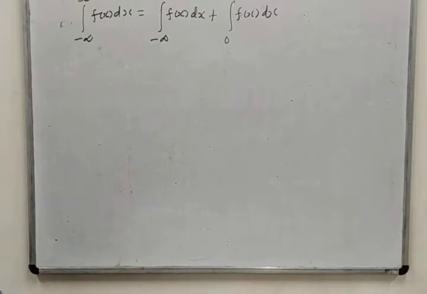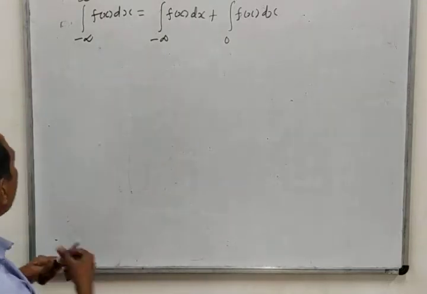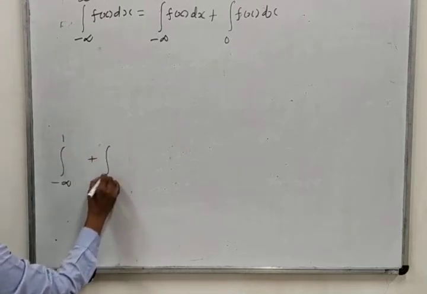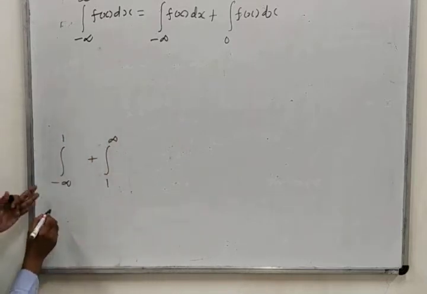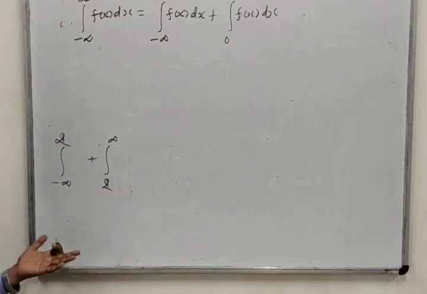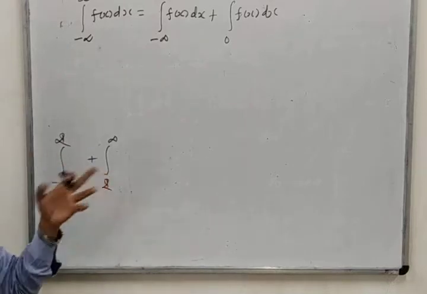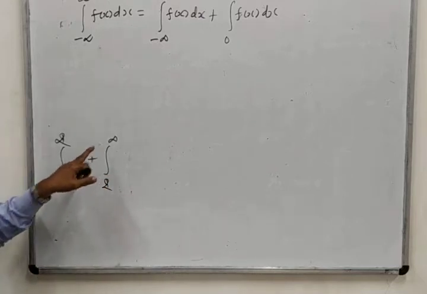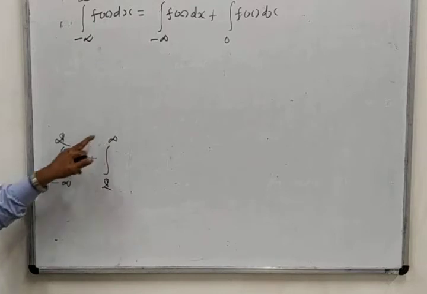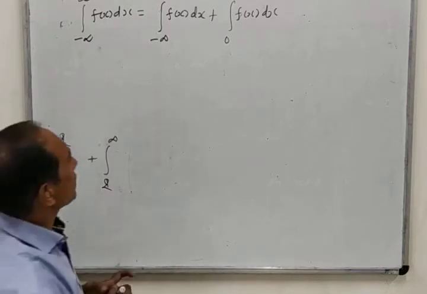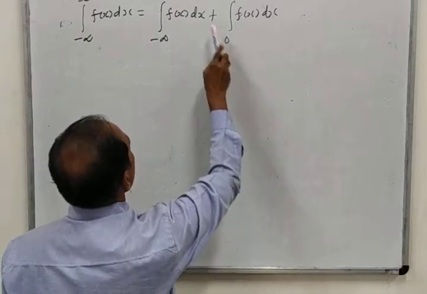Remember that we can also write the limits from minus infinity to 1 plus 1 to infinity, or minus infinity to 2 plus 2 to infinity. No problem. You can subdivide into two integrals in any way, but one should start at minus infinity and the other should end at infinity, and both these middle numbers must be the same. But it is advisable to put 0 here.